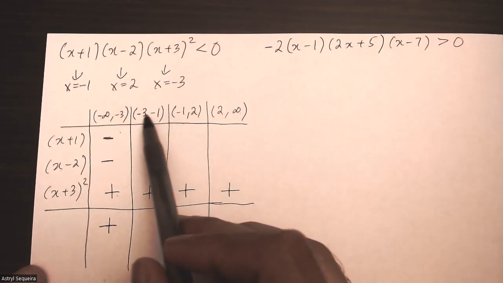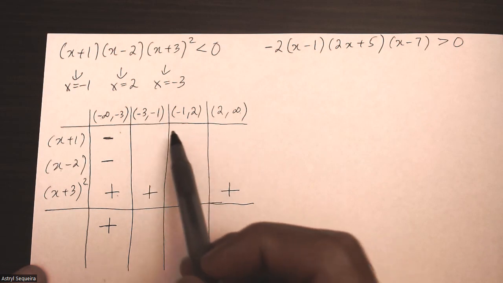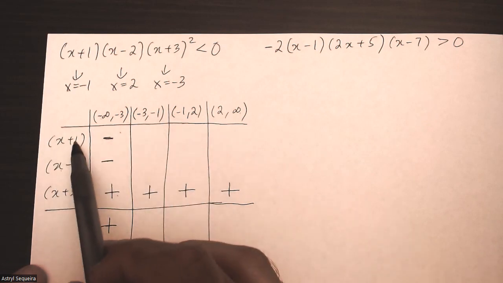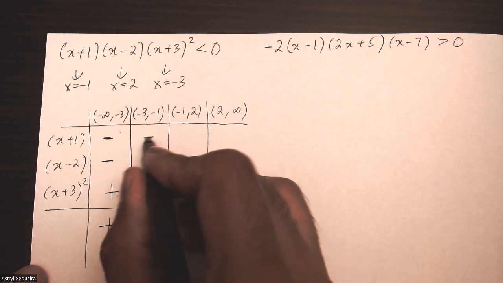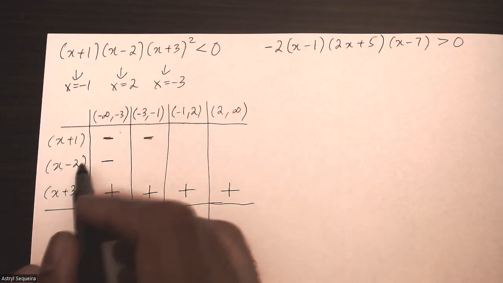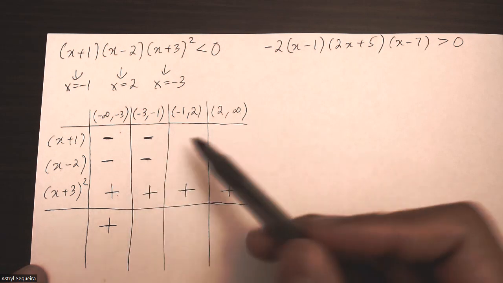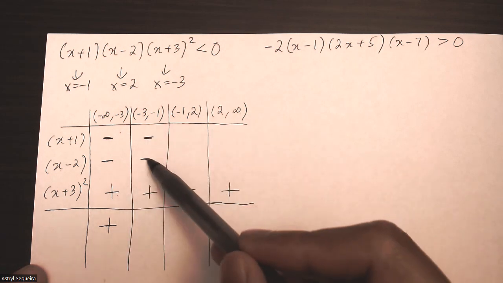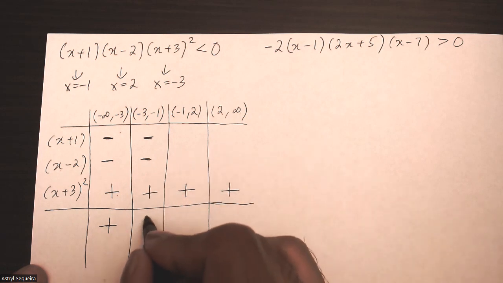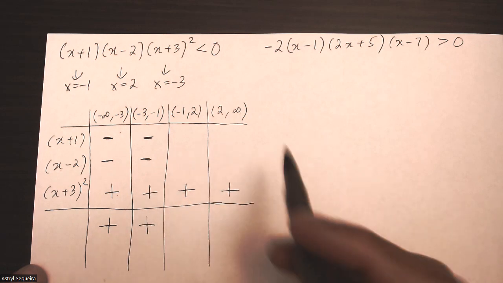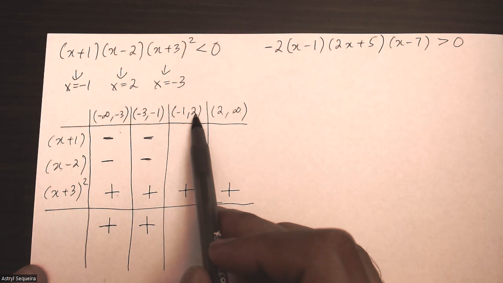I'll pick a number between -3 and -1, so I'll pick -2. -2 plus 1 is negative. -2 minus 2 is also negative. And negative times negative is positive, times positive is again positive. I'll pick a value between -1 and 2.